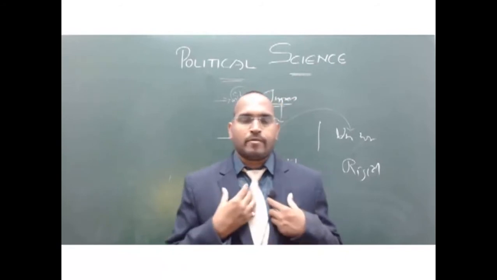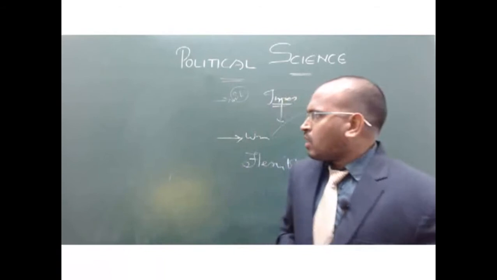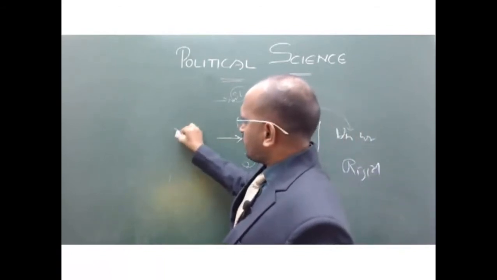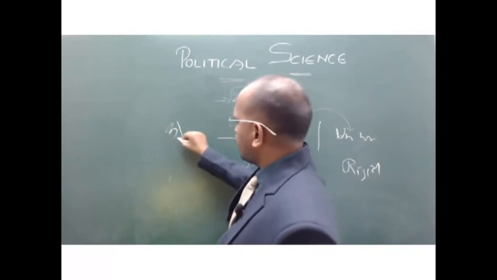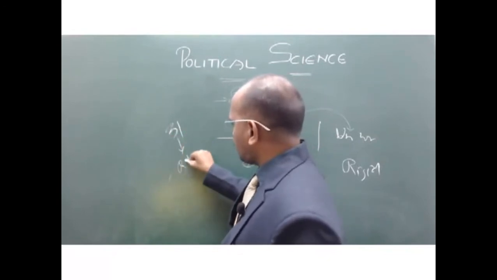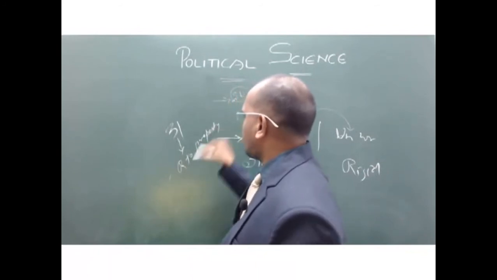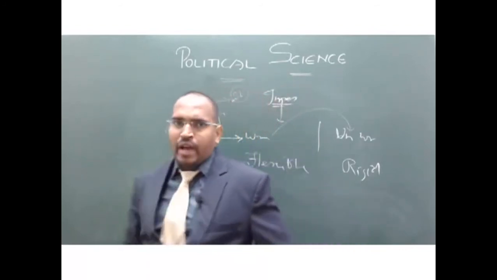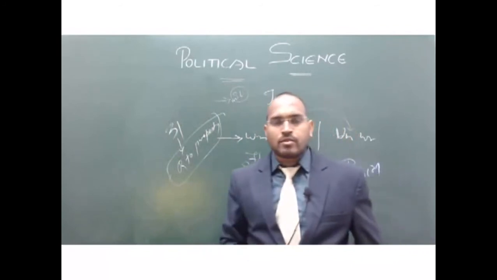For example, in India, Article 31 is a fundamental right. Article 31 means a right to property. Right to property means, for example, if I have 5 acres, it is my right.